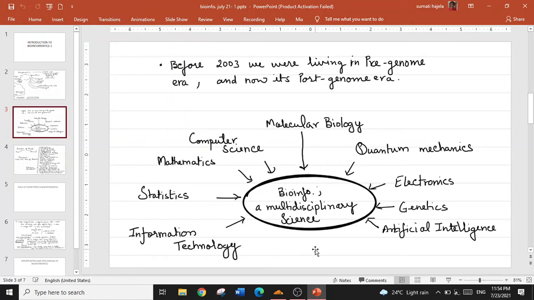So the internet is also very beneficial, and the world wide web is responsible for the development and growth of the science of bioinformatics.